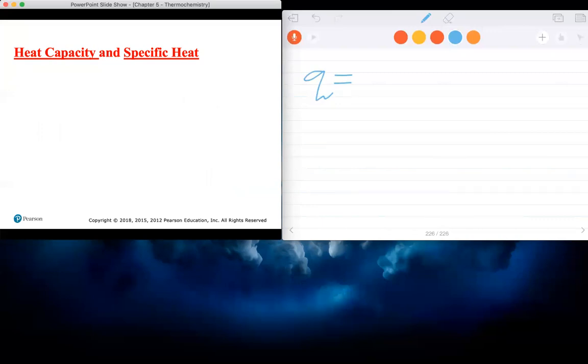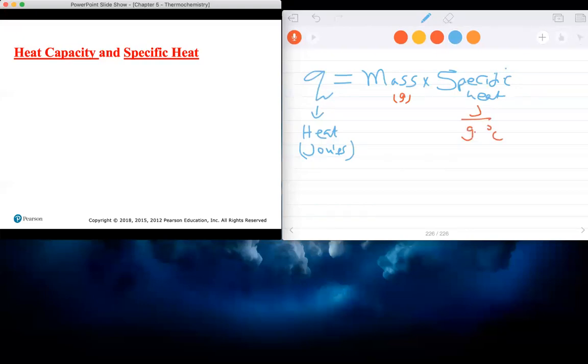Heat, in joules, is given by the mass, and always this one is given in grams, times what we call specific heat, and this is given in joules per gram times degrees Celsius, times change in temperature.